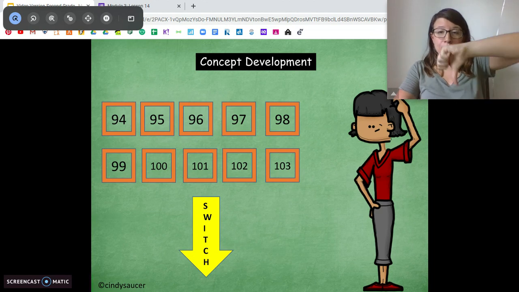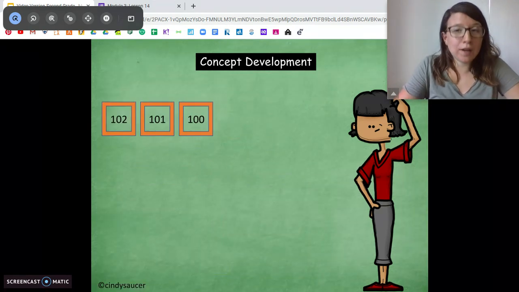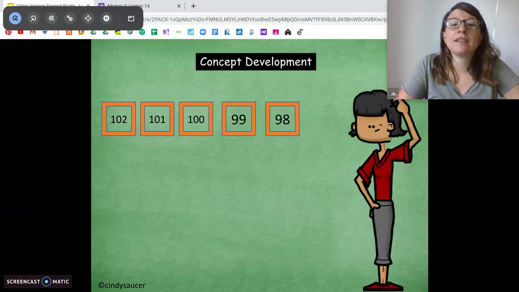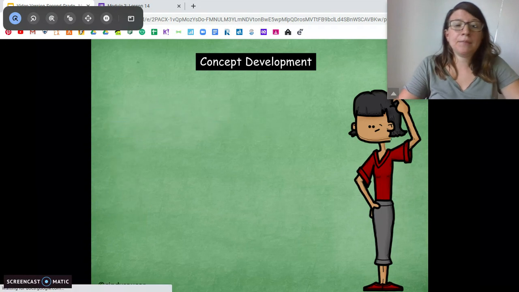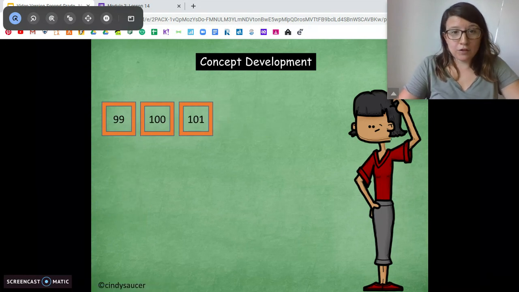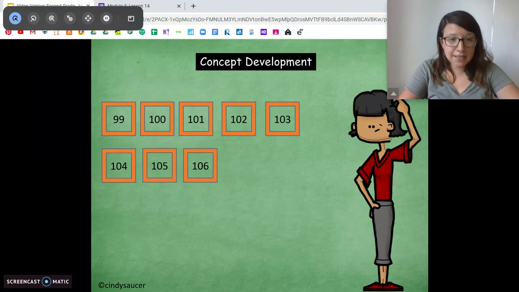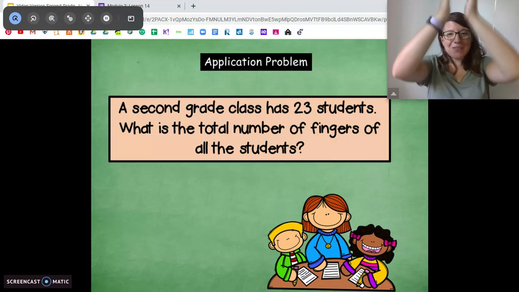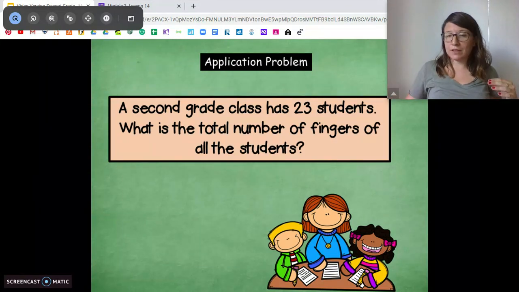Whoops, switch, count backwards from 103. 102, 101, 100, 99, 98. Switch, count forwards from 98: 99, 100, 101, 102, 103, 104, 105, 106. Woo! Good work.